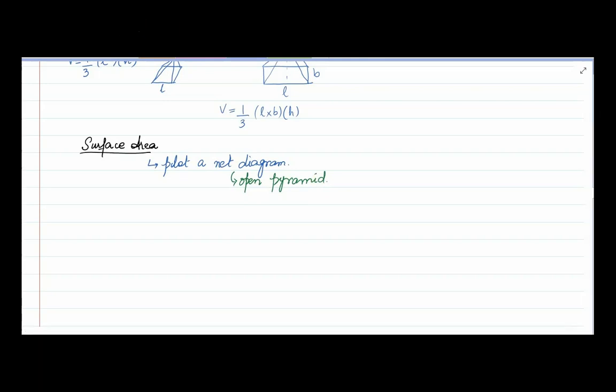Let's suppose we have a rectangular base pyramid, right? That is a rectangular base pyramid. Now if you open this pyramid, at the base we have a rectangle, and the open pyramid will look like this.